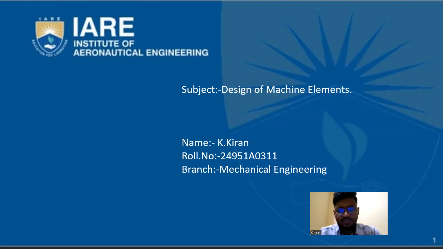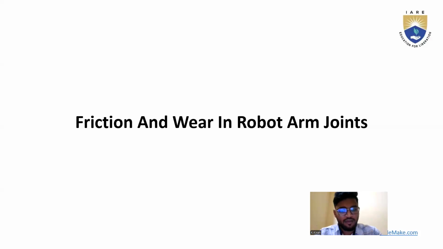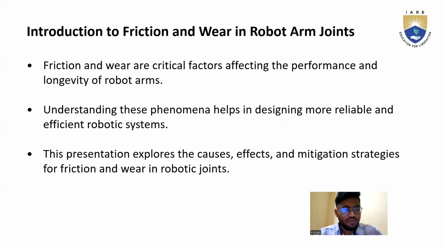Today my subject is Design of Machine Elements, and my topic is Friction and Wear in Robot Arm Joints. Here, we can observe the introduction to friction and wear in robot arm joints.